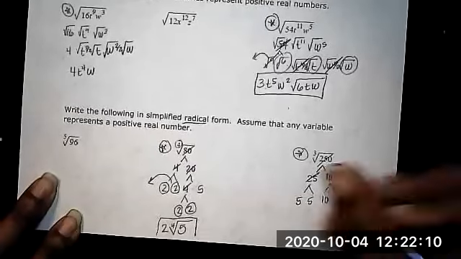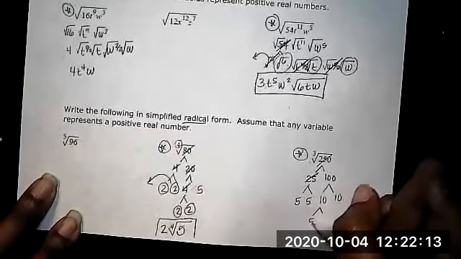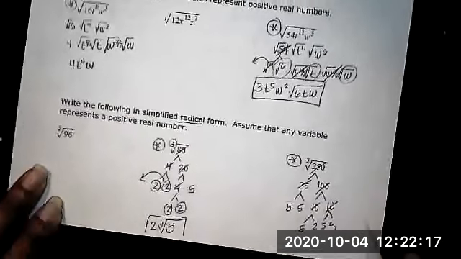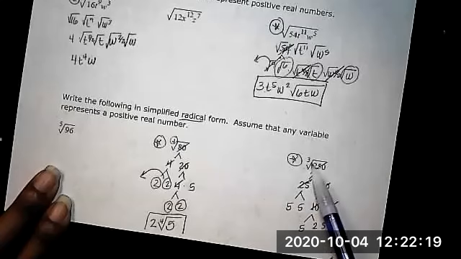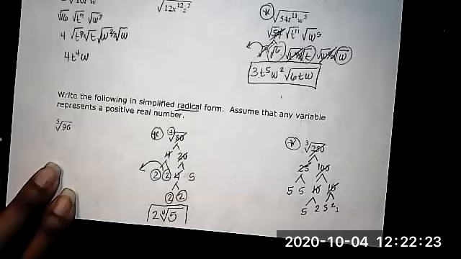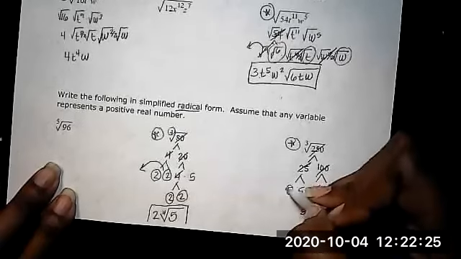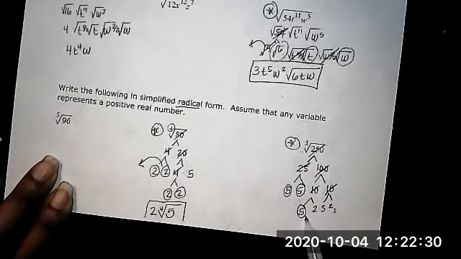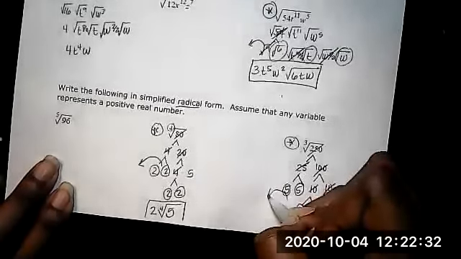You can do 10 times 10, or whatever way you feel comfortable. Then I have 5 times 2 is 10, and another 5 times 2 is 10. Basically, I need 3 of the same in order for it to come out. So 1, 2, 3 5s there. So I know they're going to come out one time.